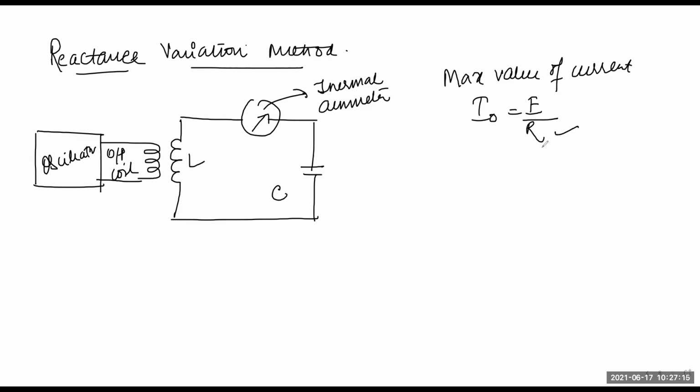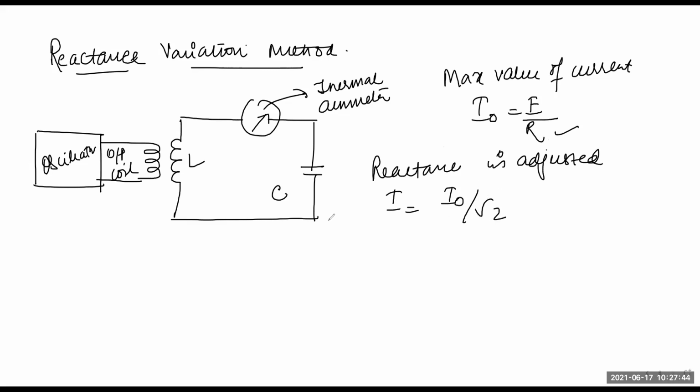Okay. So the reactance we then have to adjust. Reactance can be adjusted in such a way that the actual current flowing through it becomes divided by √2. So after adjusting the reactance, the current that we will get is equal to I0 by √2.